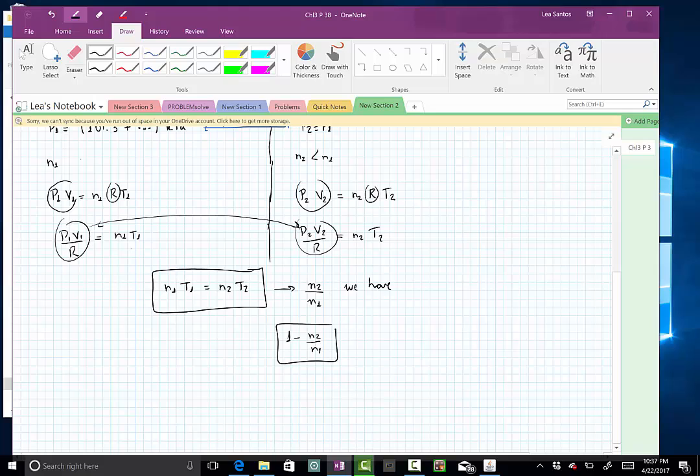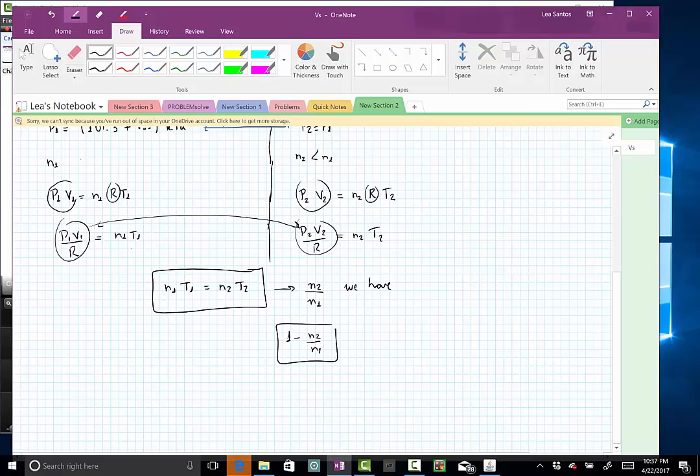This is the fraction of the original air that is removed. Let me repeat. N2 divided by N1 is the fraction that I now have, the new N2 divided by the original. But how much did I remove? 1 minus N2 over N1, where 1 means here the original total N1.